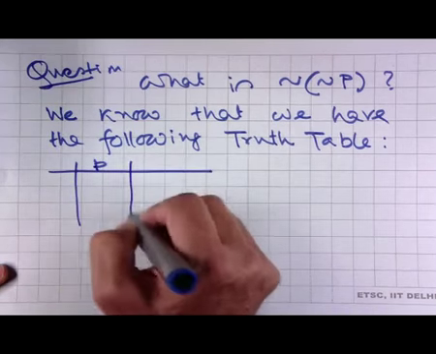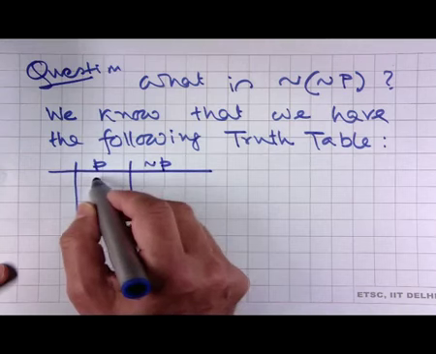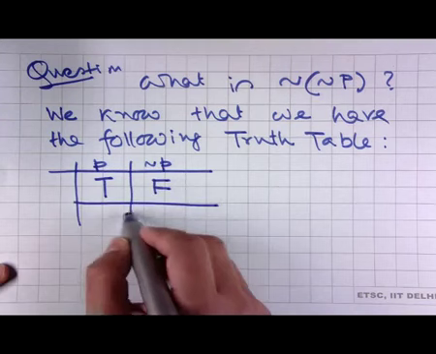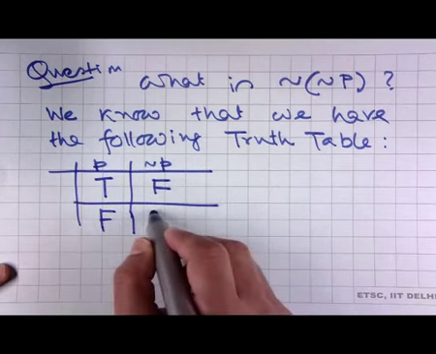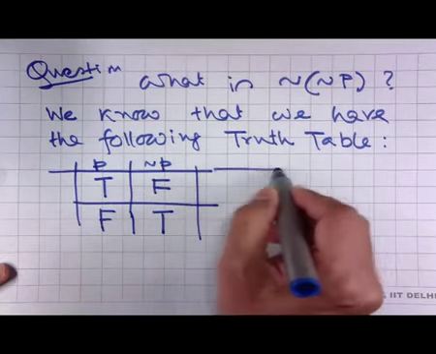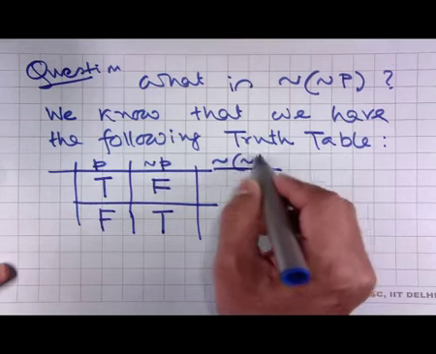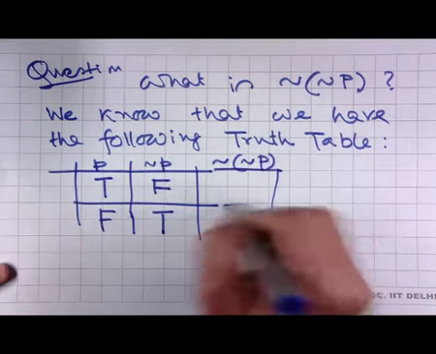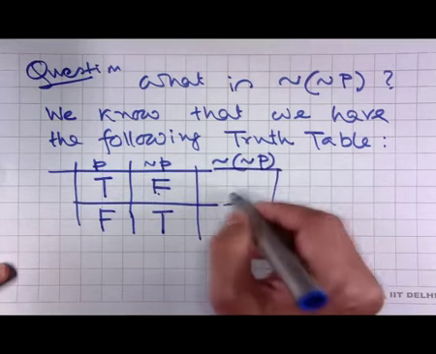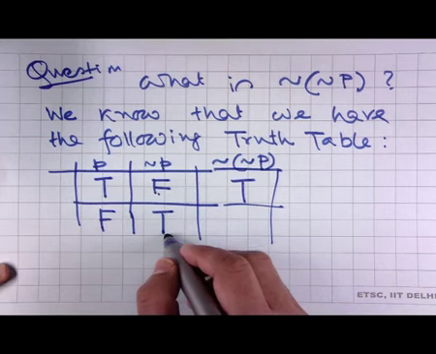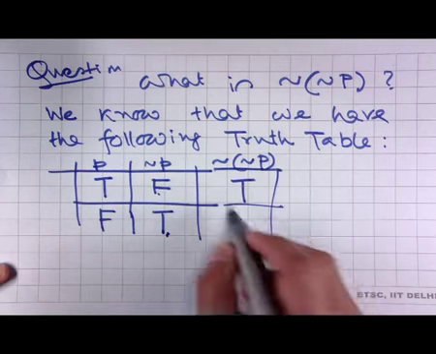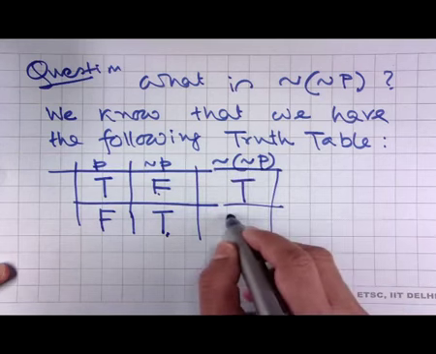P, not P. So, if P is true, not P is false, and if P is false, not P is true. Therefore, what is not of not P? Since not P is false, then not of not P is true, and here not P is true. Therefore, not of not P, that is negation of P, is false.